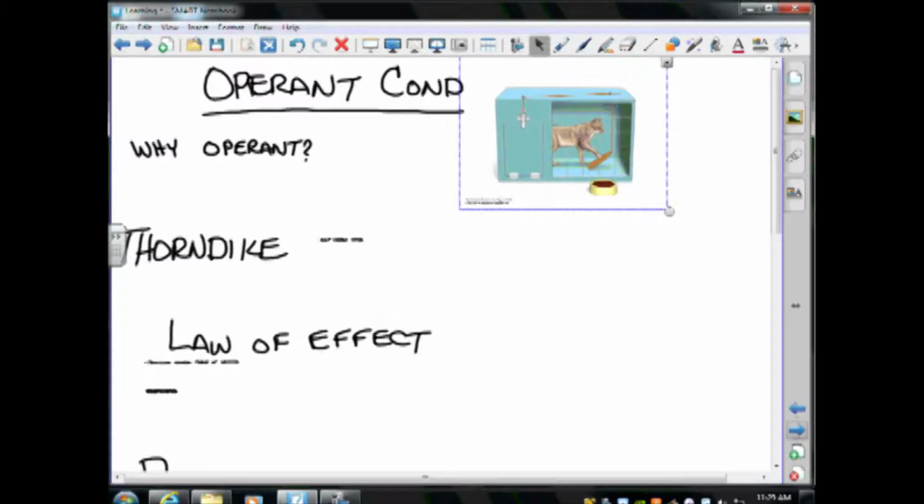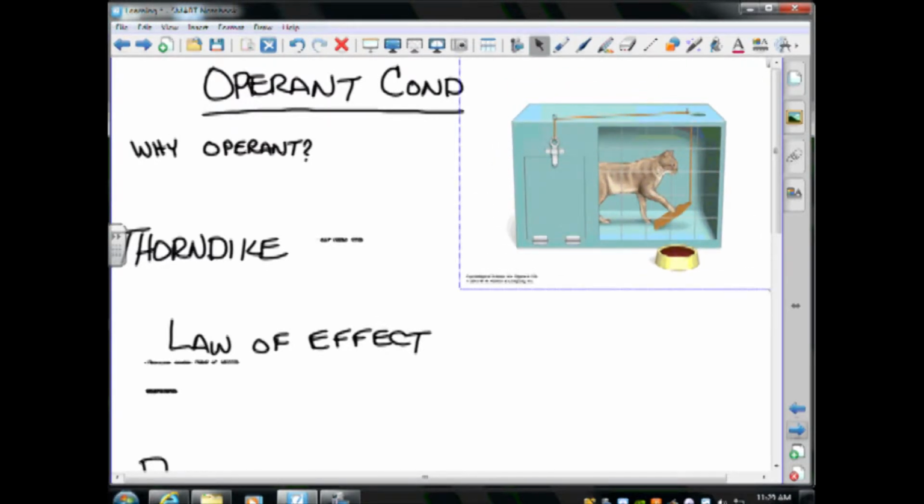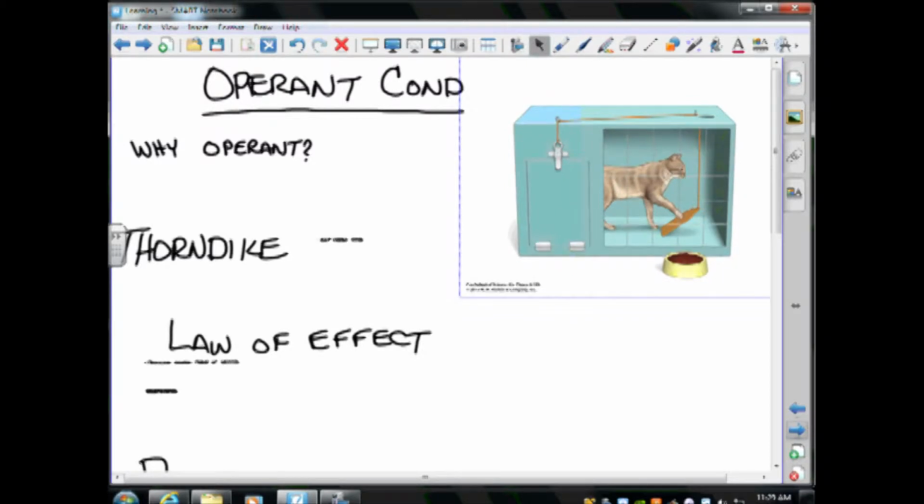In operant conditioning, the subject has to do something. This story starts back in the day with a guy named Thorndike, and I always suspect that there were no stray cats in his neighborhood because he was doing all this research in his basement, and there was nowhere to get lab animals in the day.